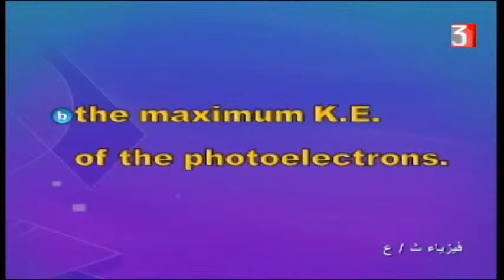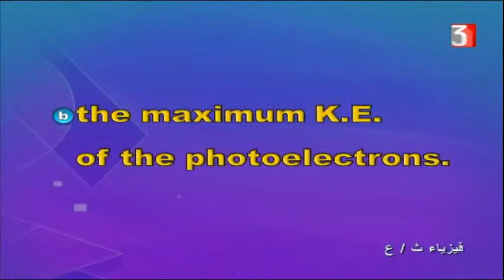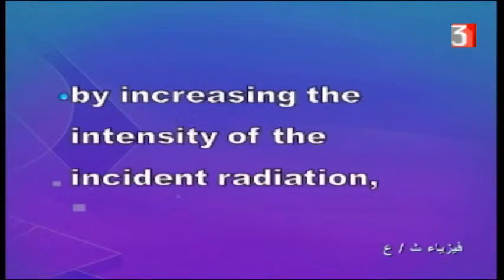This is the core of the lesson. To increase the number of electrons ejected, we can increase the intensity. So, by increasing the intensity of the incident radiation, we increase the intensity of the photoelectric current.